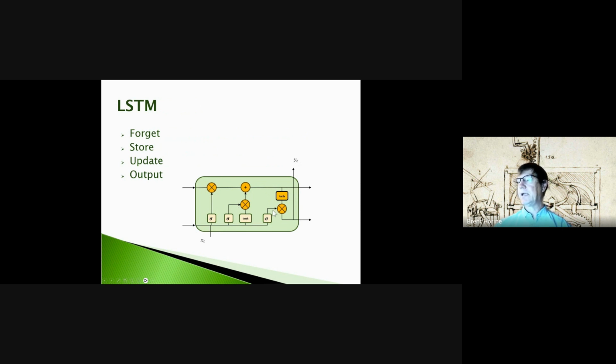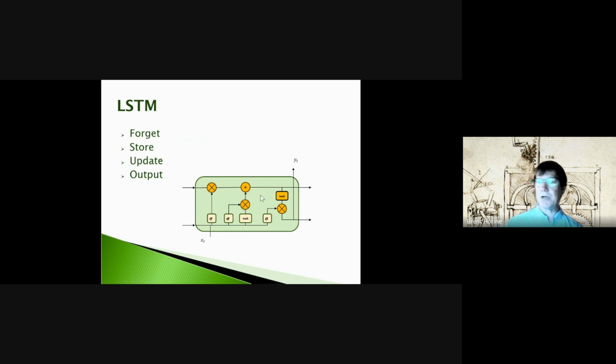We can construct this to, again, be able to learn when certain information should be forgotten, when it should be stored and saved for later, when information should be updated, and when it should be output. All of that is predicated on this information that's flowing through this system.